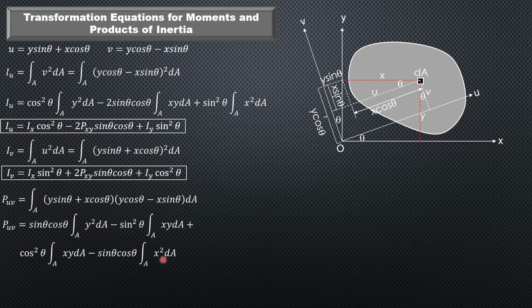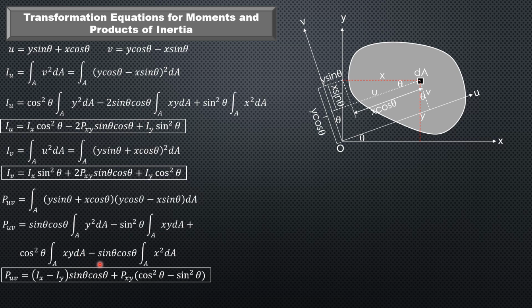So Puv therefore is equal to Ix minus Iy, because this is Iy, times sine theta cosine theta, then plus the product of inertia times quantity cosine squared theta minus sine squared theta.